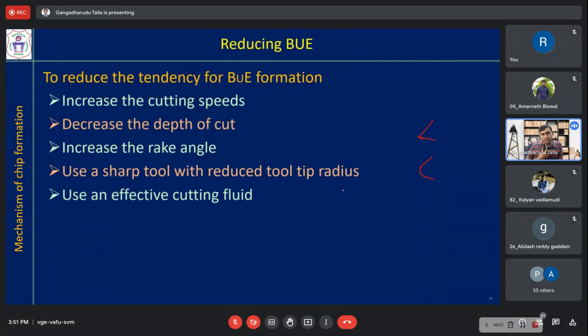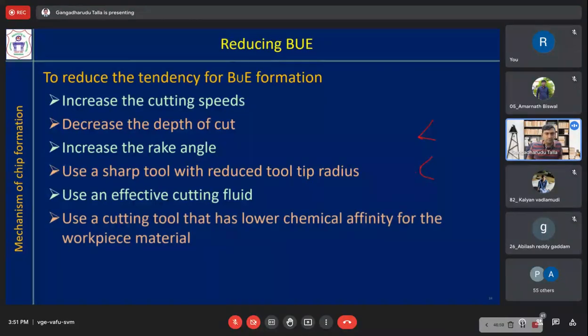Use an effective cutting fluid. You have to choose a very good cutting fluid which can easily take away the heat from the machining zone. If heat is removed, built-up edge formation will be reduced. Use a cutting tool that has a lower chemical affinity for the workpiece material. There should not be good chemical affinity, so they will not stick together, workpiece material and tool material.